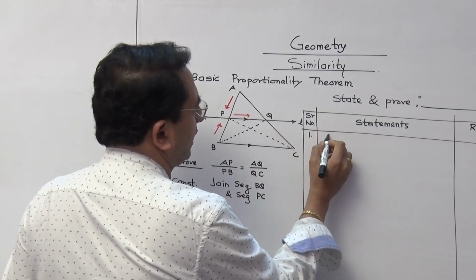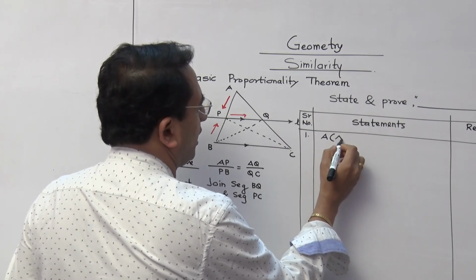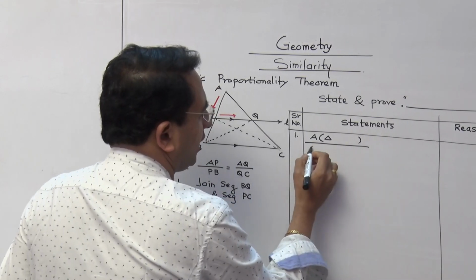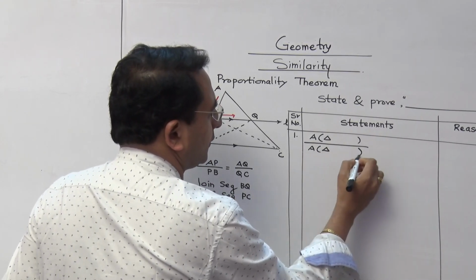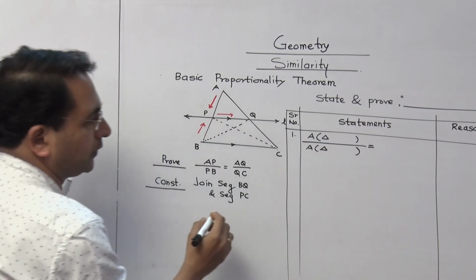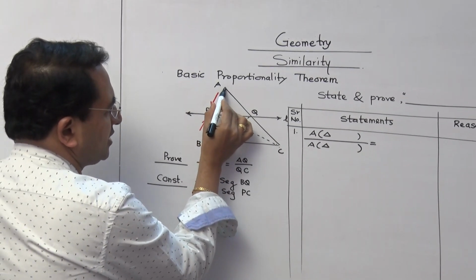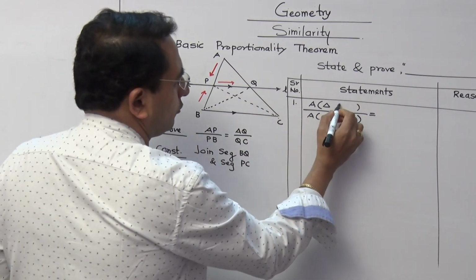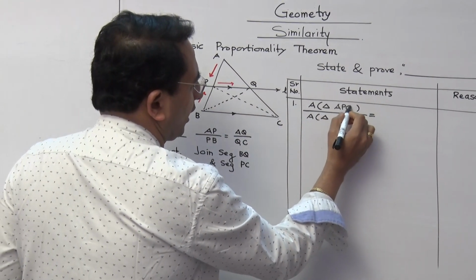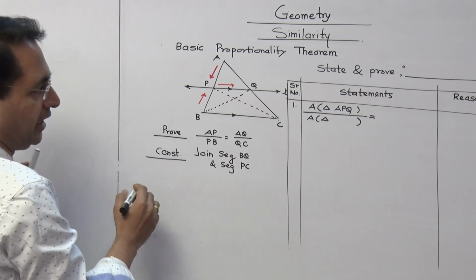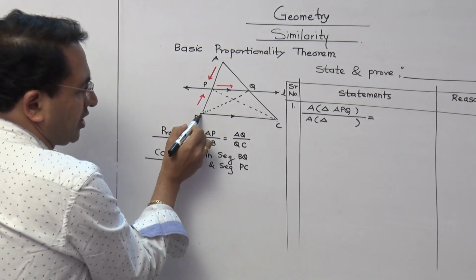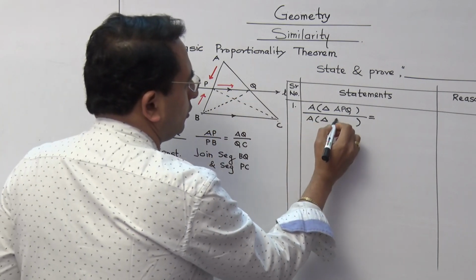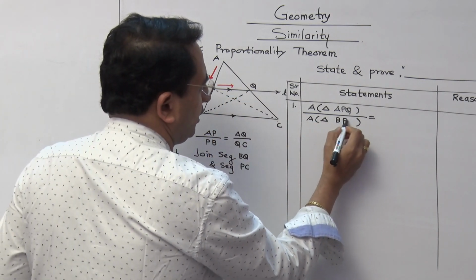I am writing it like this: area of triangle upon area of triangle is equal to. Now see the naming of this. Is it A, P, Q? So I will write triangle APQ here. Then how to name the triangle on the base? It is B, P and Q. So I am writing another triangle here.